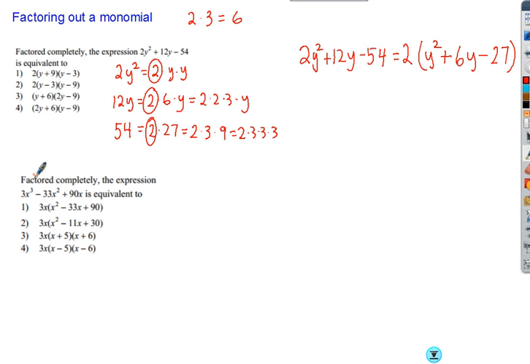The next one looks a lot more complicated. But I know something, right? I know that 9 is divisible by 3. So I'm thinking to myself, oh, there's got to be a 3 in here somewhere. But I'm also noticing that each of these share an x. So when I break this one down, we can do it like this. In the next term, we can break up 33x squared like this.